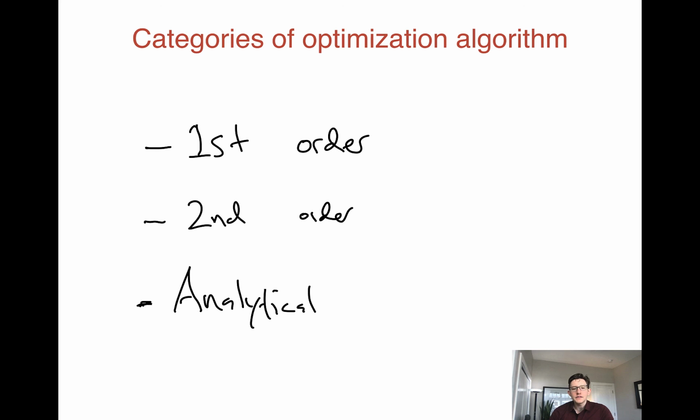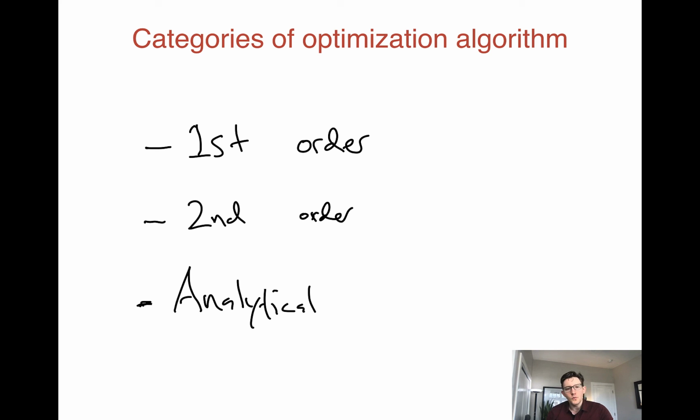One very popular example is called Newton's method, which I recommend reading about, but we don't have time to talk about it this week. Generally, second order optimization algorithms will converge in many fewer iterations than first order optimization algorithms.